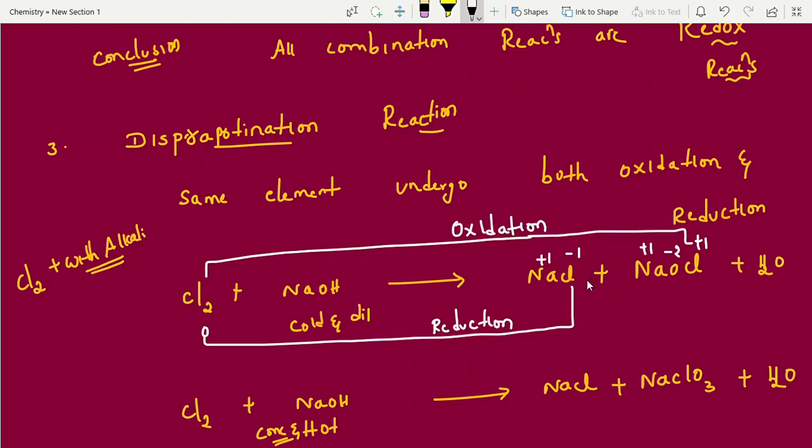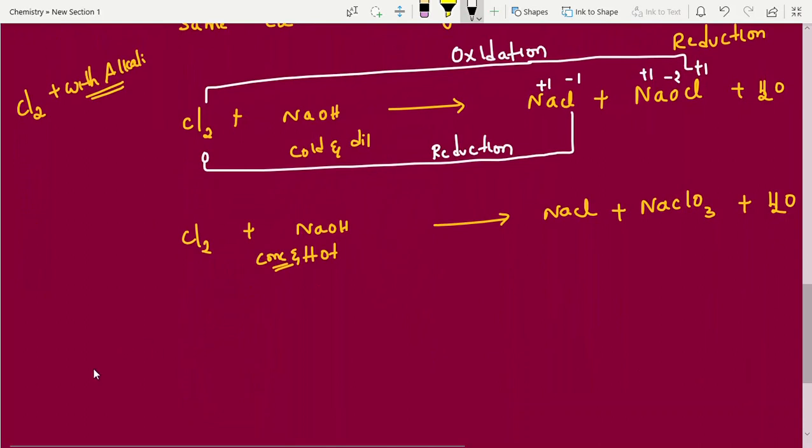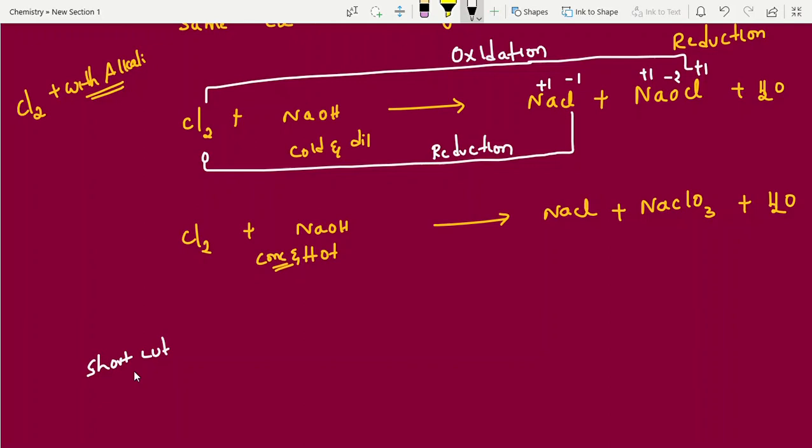What is the logic I am telling? Only one on the left hand side, and the same element two times on the right hand side. Definitely it is a disproportionation reaction. What is that shortcut, students?